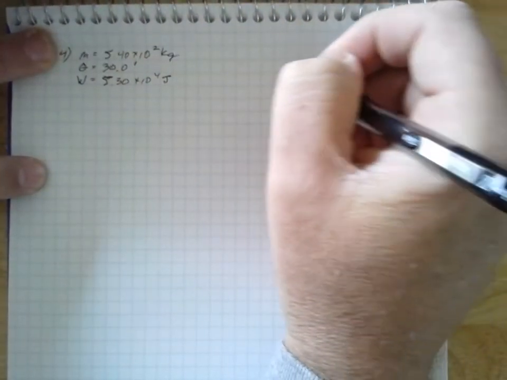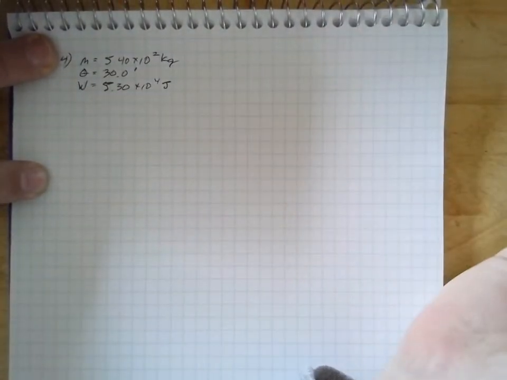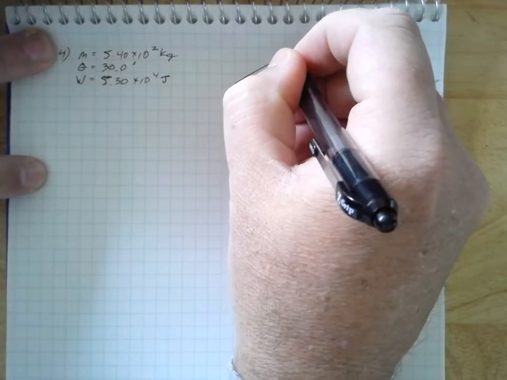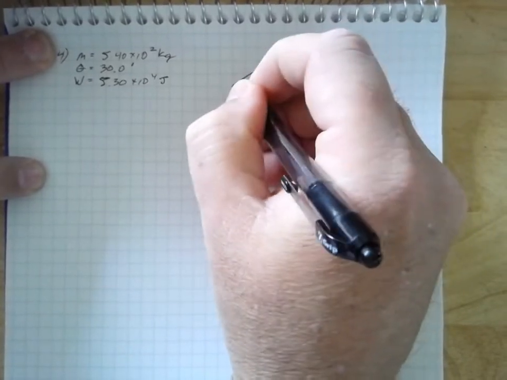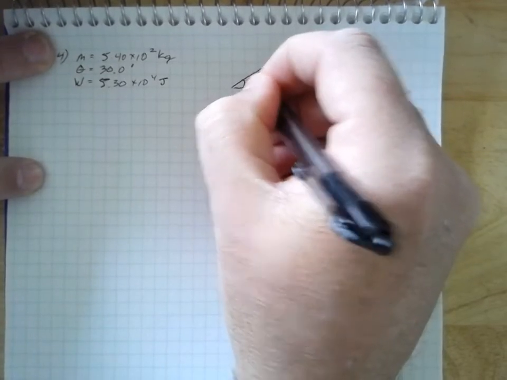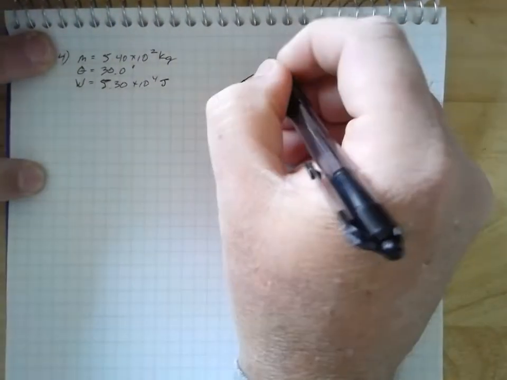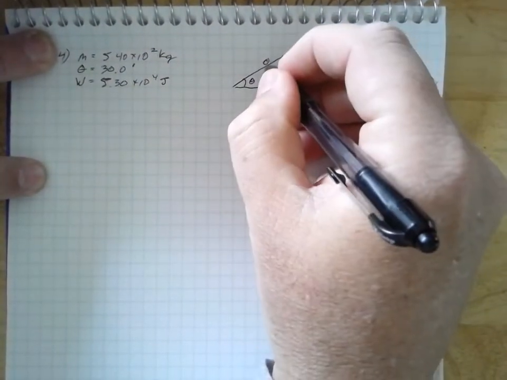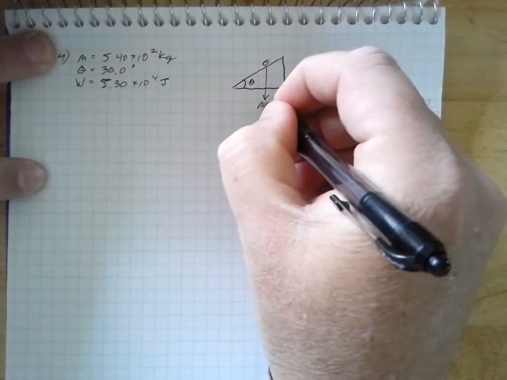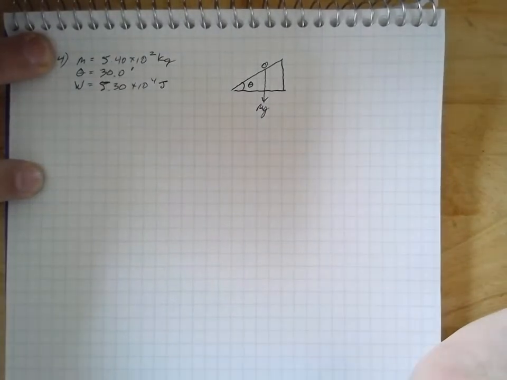All right, so the first thing you're going to do after you write down the givens is draw the picture, just so you can get familiarized again with how to do this. This is our ramp. It's a triangle. Theta is right there at that angle. Here's the cannonball, and the cannonball is being pulled down by gravity. Remember, gravity is the weight, which is mg.